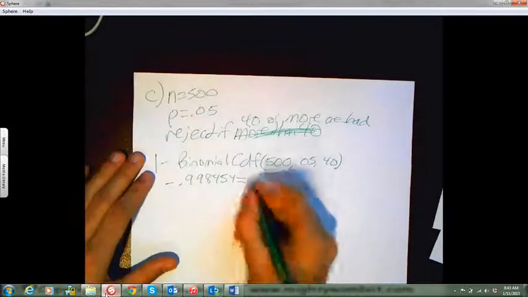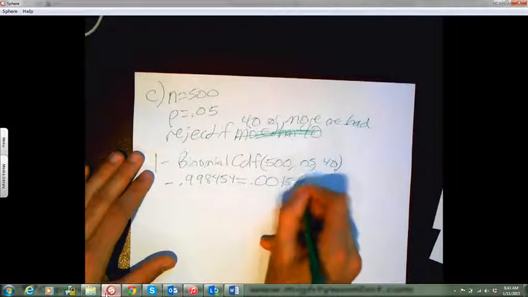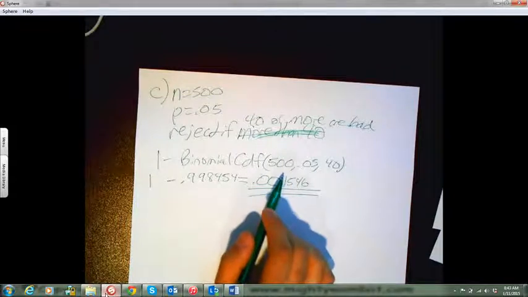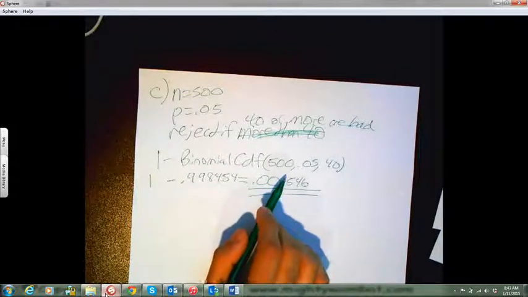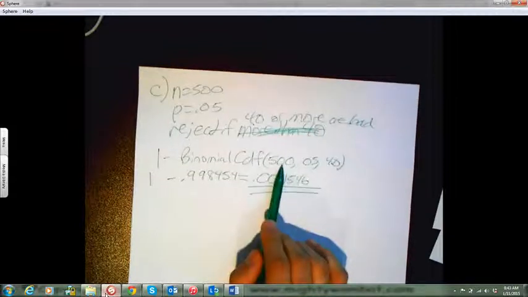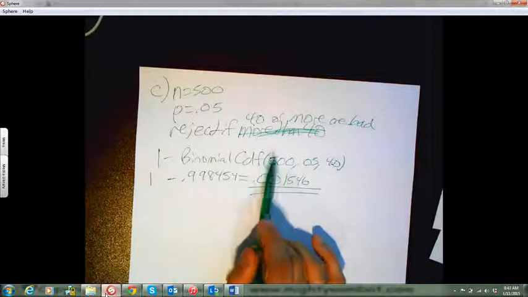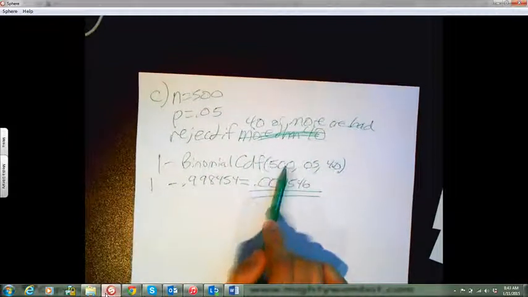So this is the probability that Inspector C will reject. And again, how did we do that? We did binomial CDF 500, 0.05, 40. 40 is 8% of 500, and we reject if 8% or more are bad. This tells us the probability of having 0 bad apples, 1 bad apple, 2, 3, 4, all the way to 40. We want to do 1 minus that.